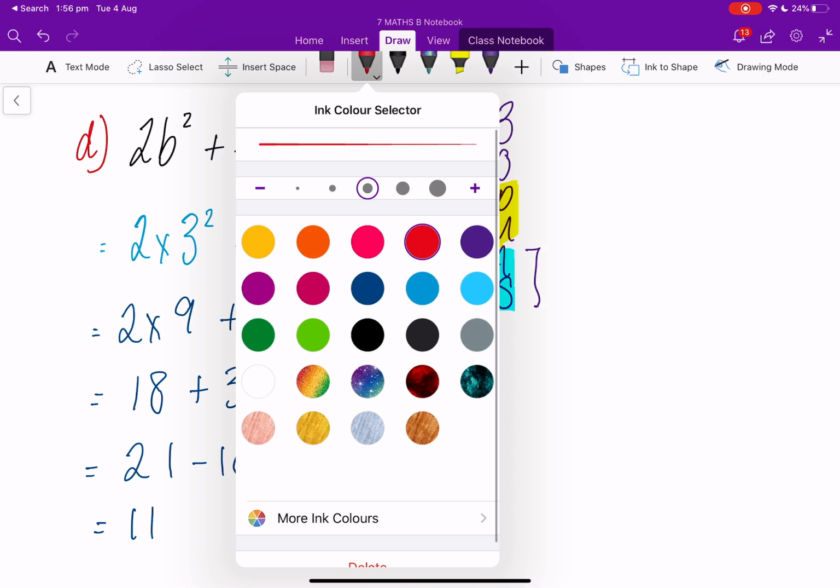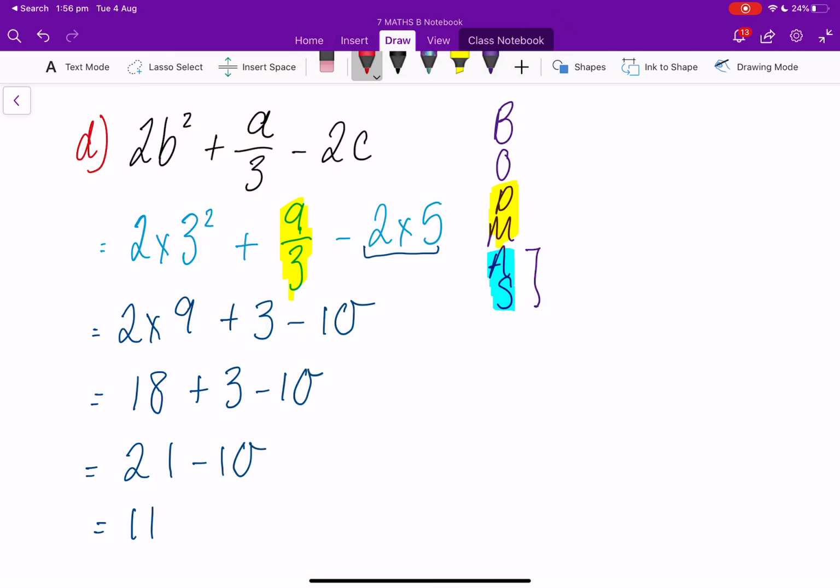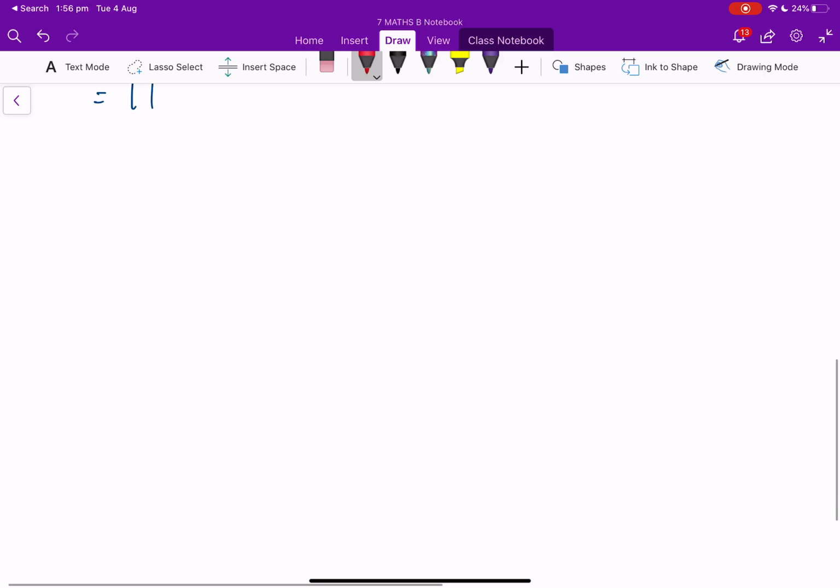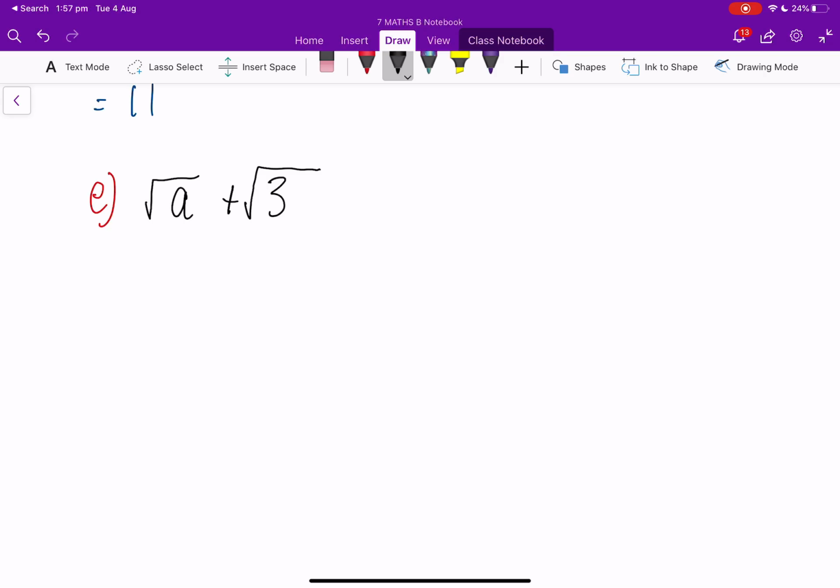Let's now do E. So with the next few questions, we're going to start working with square roots. So this question is the square root of A plus the square root of 3AB.